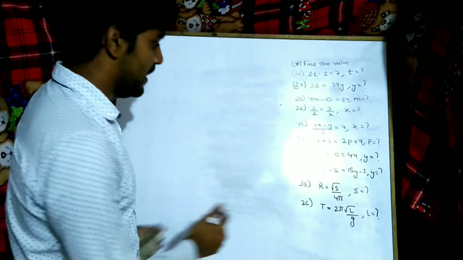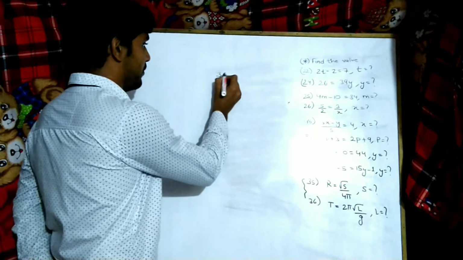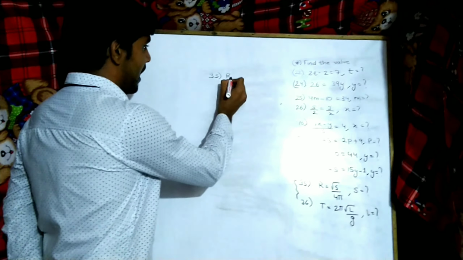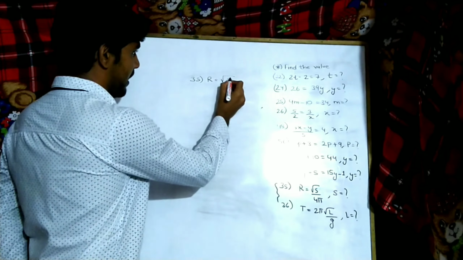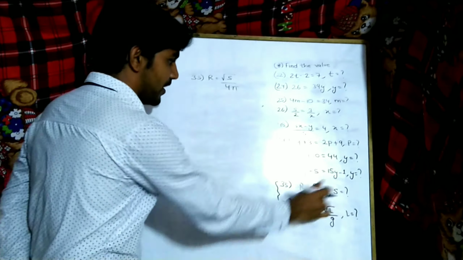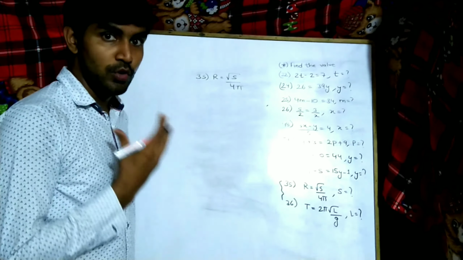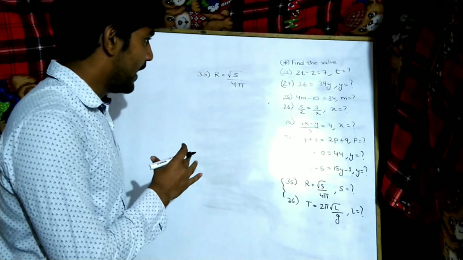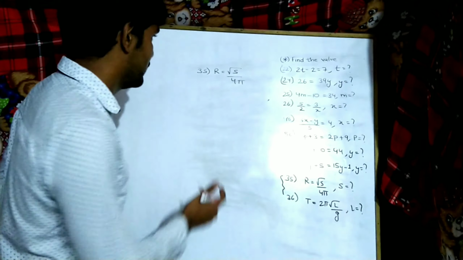Say these two problems are different because roots are there. Okay. In 35 problem, r is equal to root s by 4 pi. So we have to find s value. So remember, root always be on one side and all variables on one side.